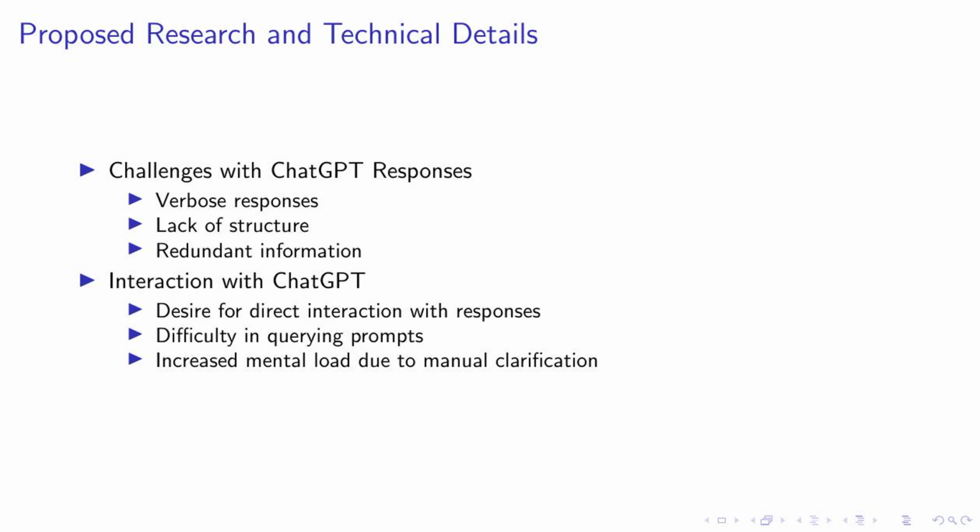Users wanted to query specific parts of the responses, but found this process cumbersome and mentally taxing due to the need for manual clarification. These findings highlight the need for improvements in the way ChatGPT presents and structures its responses, as well as how users can interact with the information provided.